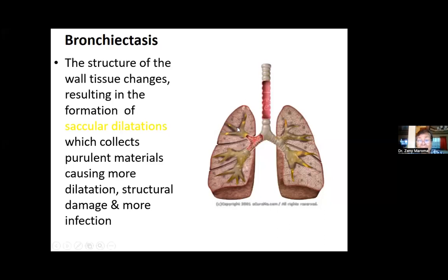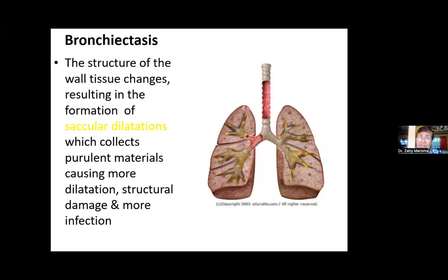Dahil abnormally dilated, naiipon dito mga purulent materials. Naiipon dito yung mga plema and therefore will become more dilated. Dahil nag-dilate na, maraming plema, it favors bacterial growth. E more infection. Okay, e plema pa more.